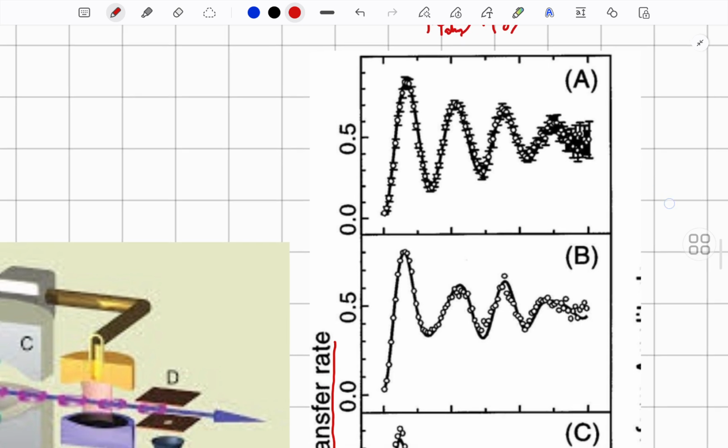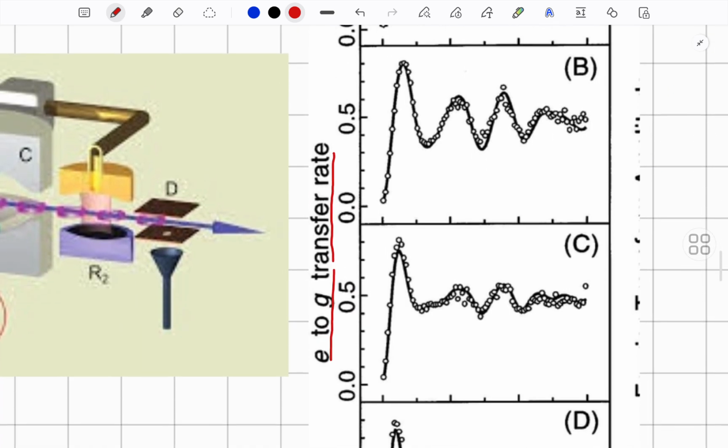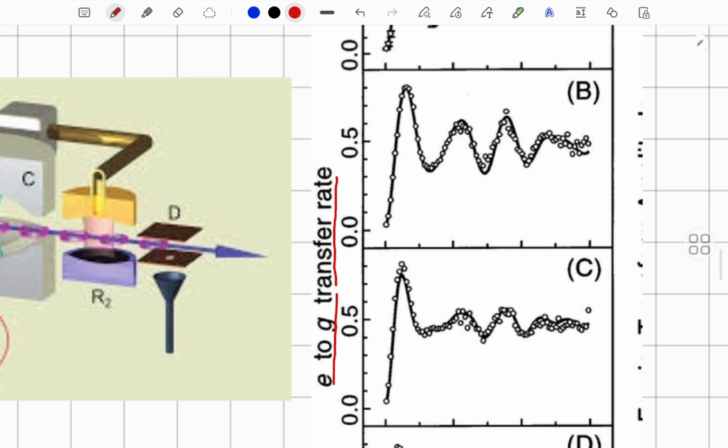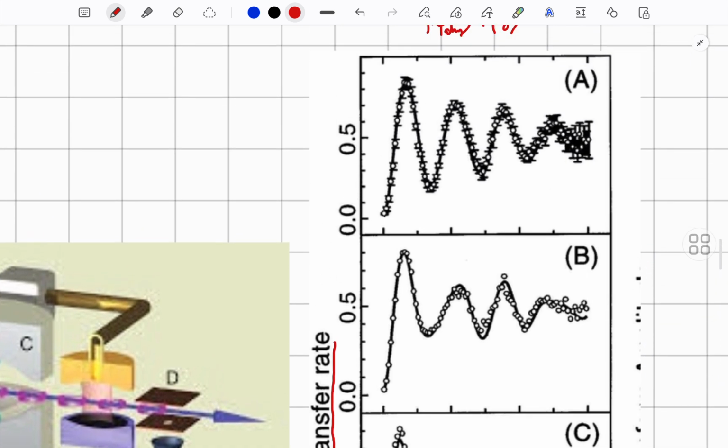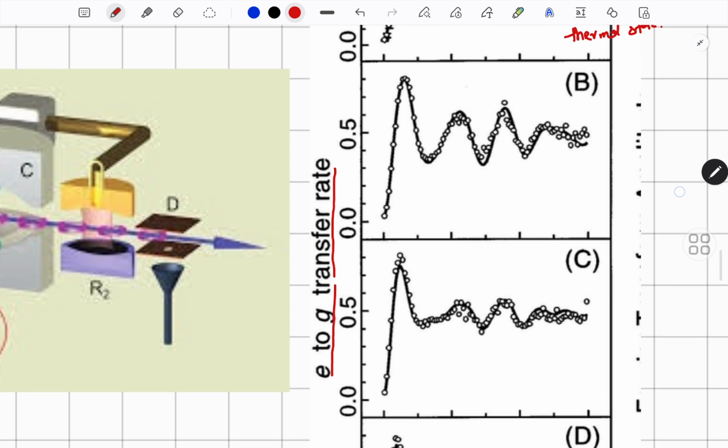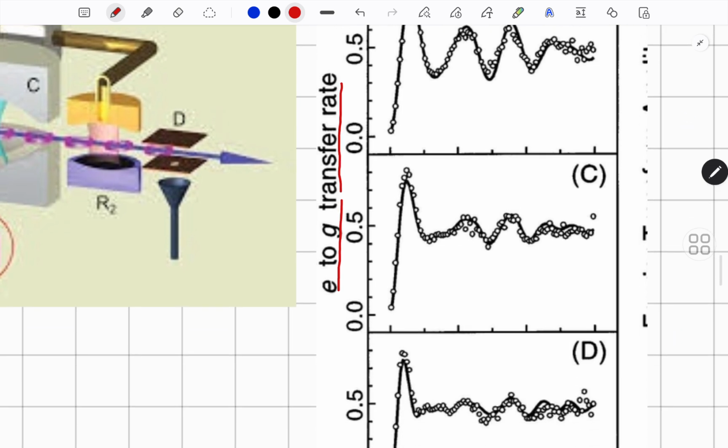So for all the graphs A, B, C and D, you can see a kind of Rabi oscillations. Here in graph A, the initial field is in a thermal state, and for B, C, and D, the field is in a coherent state.